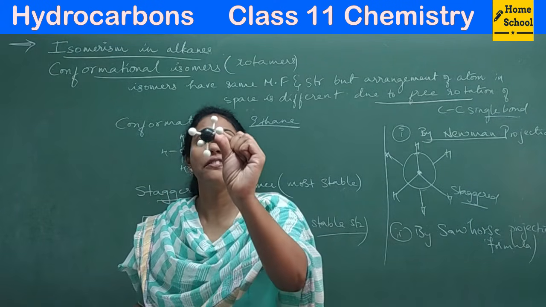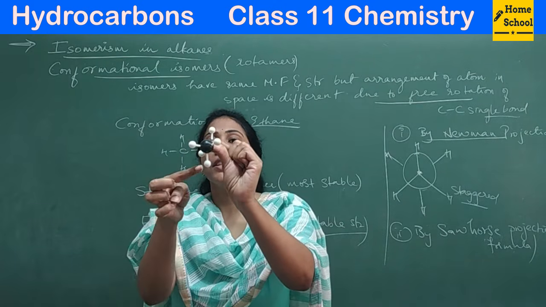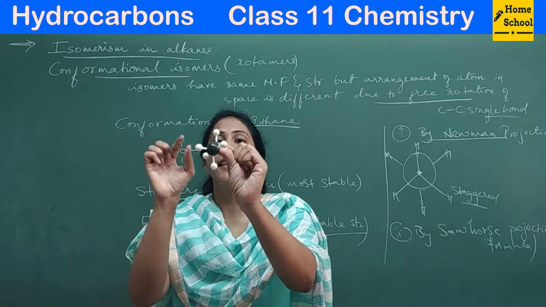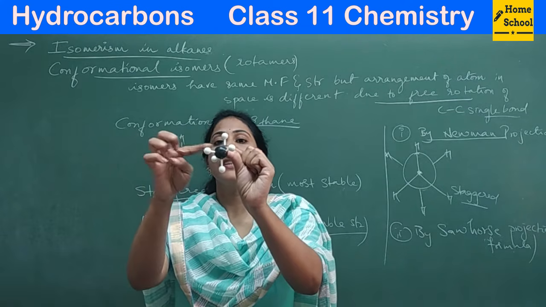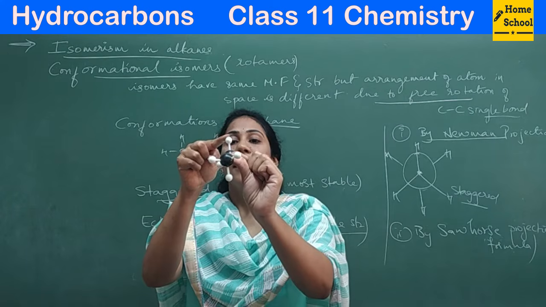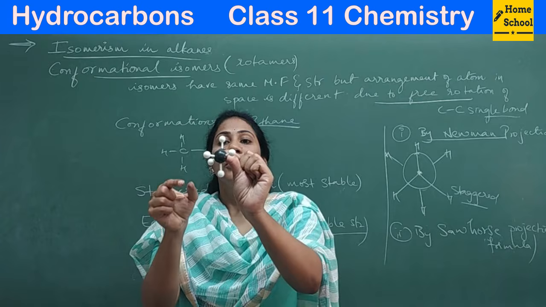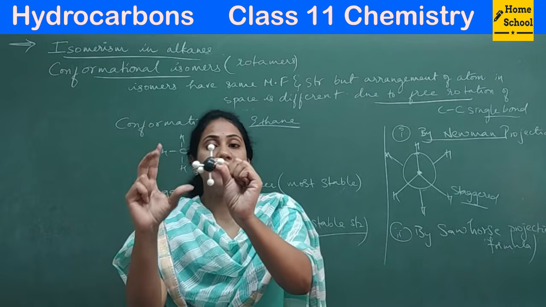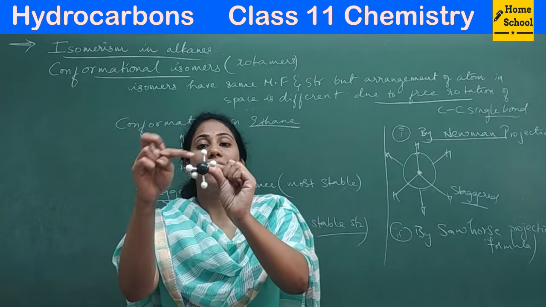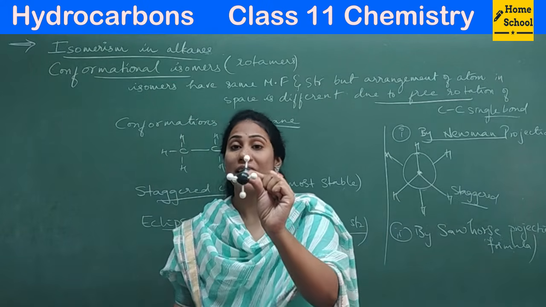This is what we say staggered. These hydrogens and these hydrogens have a nice gap. You see this white color ball and this white color ball, actually a nice gap is there between them. Okay. So enough distance is there between hydrogen atoms of front carbon and hydrogen atoms of back carbon.